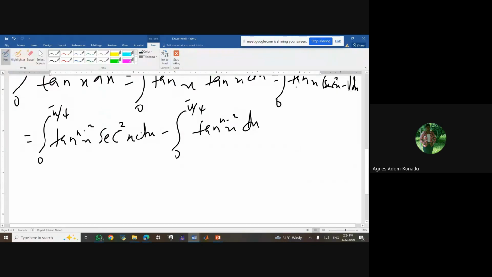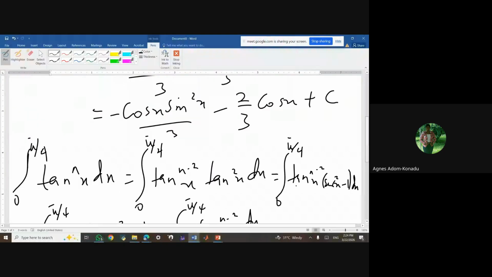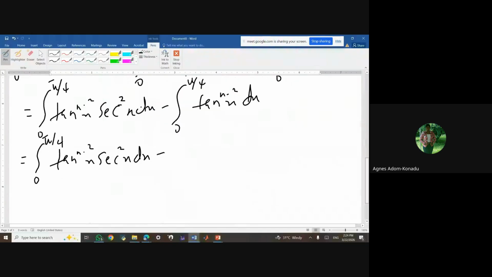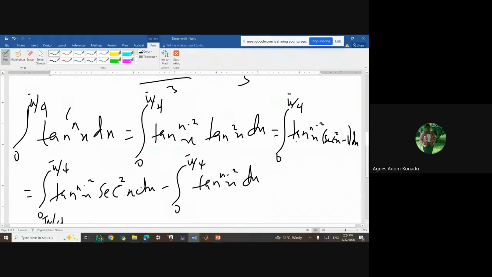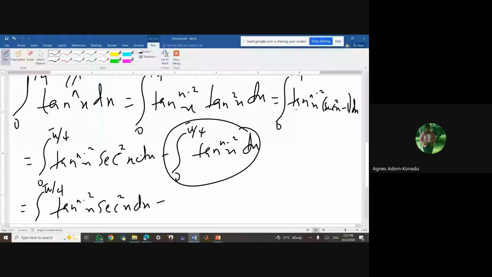Okay, so I can write this as the integral from 0 to pi on 4 of tan^(n-2) x sec squared x dx. And in the question it says that let the whole of this be I subscript n. So when I compare this and what I have here, I can represent this as I subscript n minus 2.